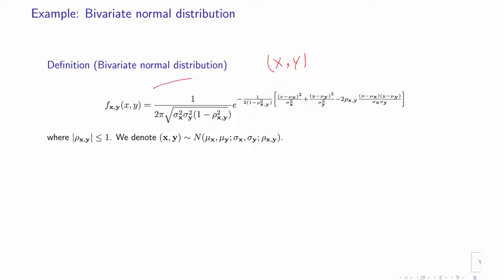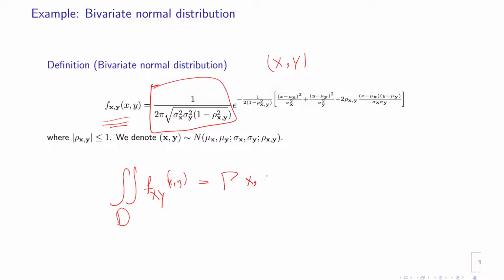This guy is a constant, which makes the double integral of the joint PDF work, because the integral of f(x,y) of x and y over any area D is equal to the probability of the random pair (x,y) being inside D. Now if D is the whole area, if D is equal to R2, this integral should be from minus infinity to plus infinity and minus infinity to plus infinity, and this probability shall be equal to 1.